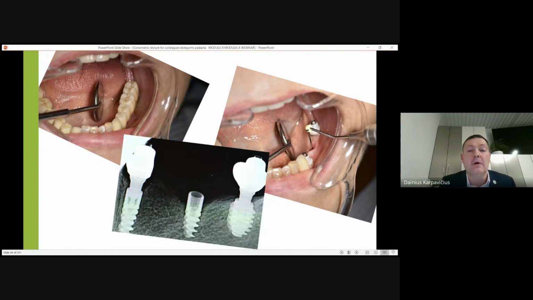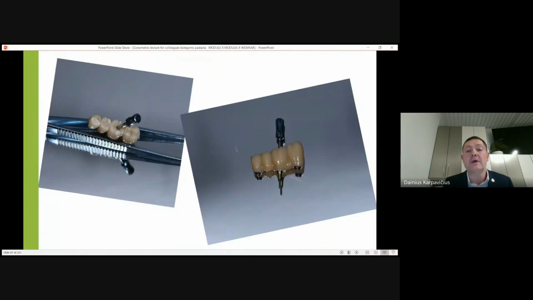Whatever, we received this problem after the years, but here we chose the T-base because with conometric we couldn't go upper, as we were at that time up of the soft tissue.